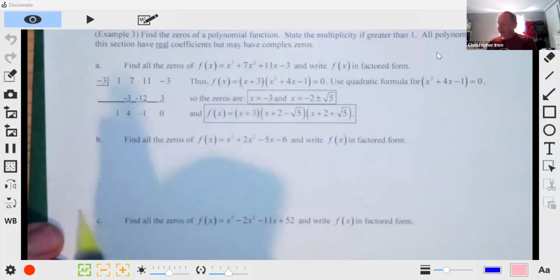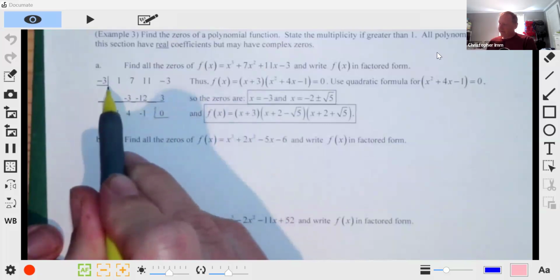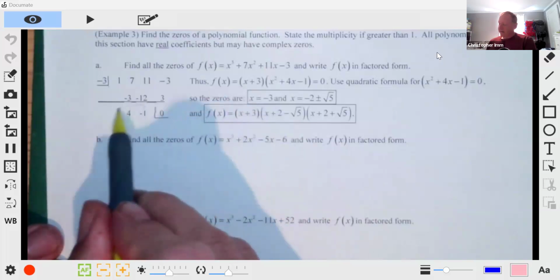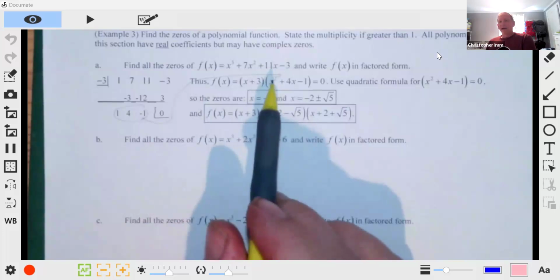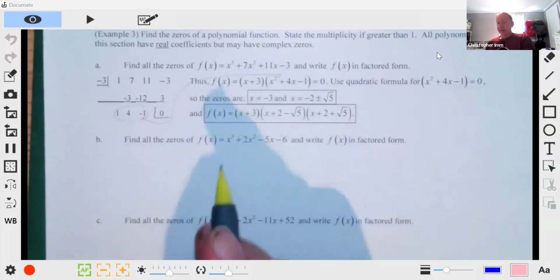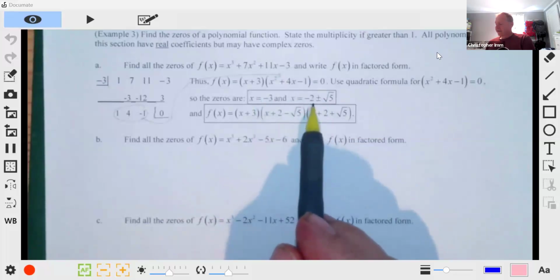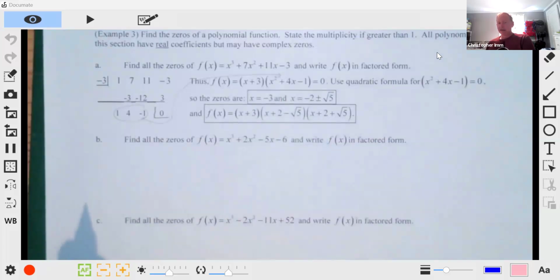And notice that I did get a 0 for a -3. And I used the quadratic formula for this extra factor remaining that was quadratic. And that's how I found the 3 zeros. And then I can go ahead and turn those into factors.